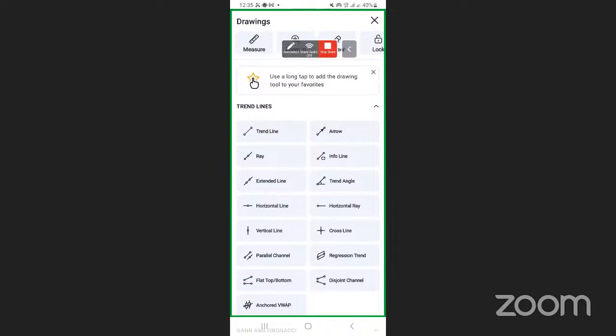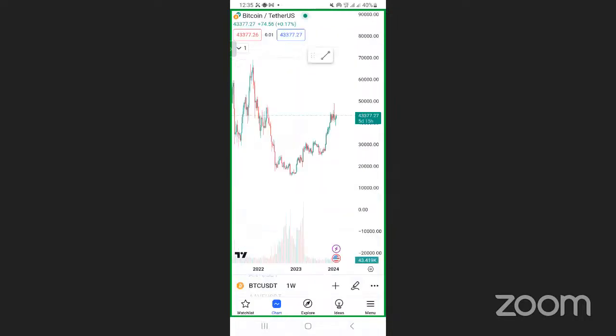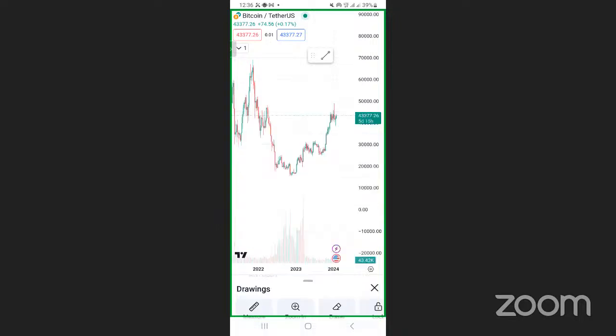What I always prefer is to long press on it, and it will bring add to favorite. I click on add favorite. Now it will add it just near, so that when I tap there, the word trend line will be very near on favorite, and I don't have to look for it. Then once I can see it there, like you can see it here.